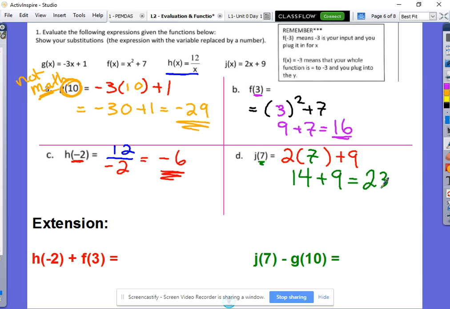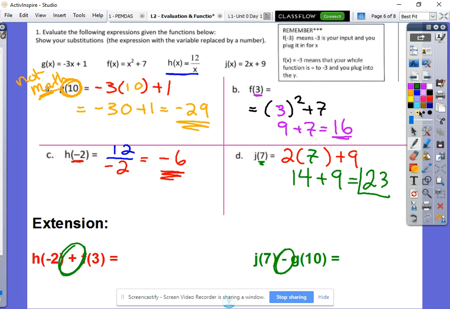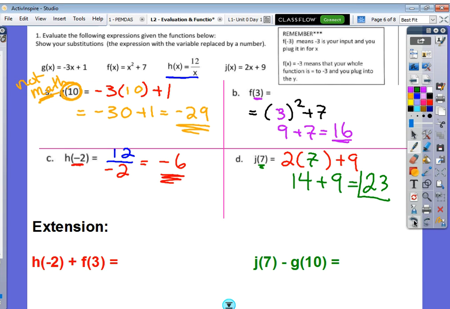Now, one really important piece here is to look at this extension down below. I really want you guys to notice that we're now going to take some of these answers that we found, and we're going to add them together, or subtract them. So really nothing extra to do here, but just to use your answers to answer another question.